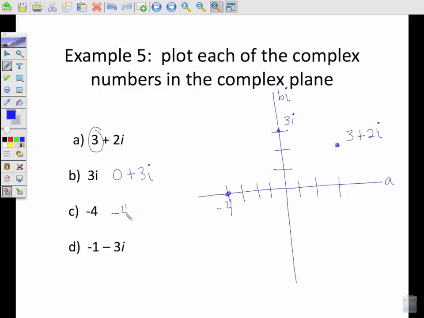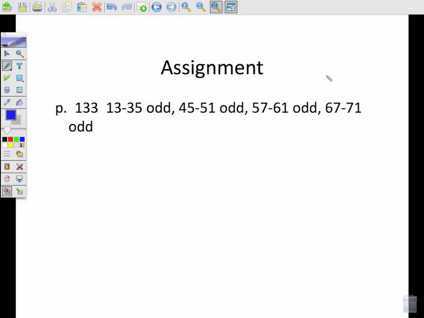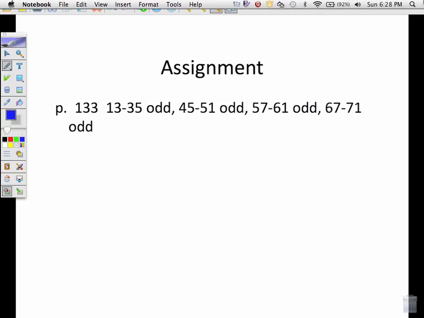Negative 4 is just to the left 4. It would be like having negative 4 plus 0i. And the last one, negative 1 minus 3i, left 1 and down 3. That is how you plot points. That concludes our section 4. There is your assignment.